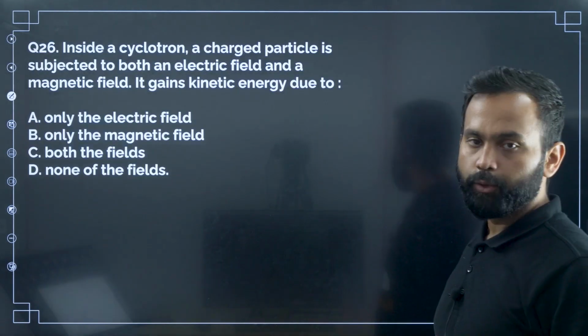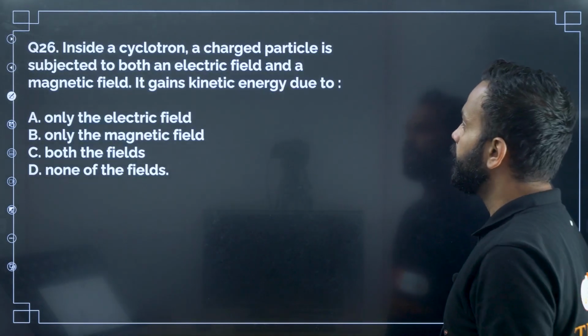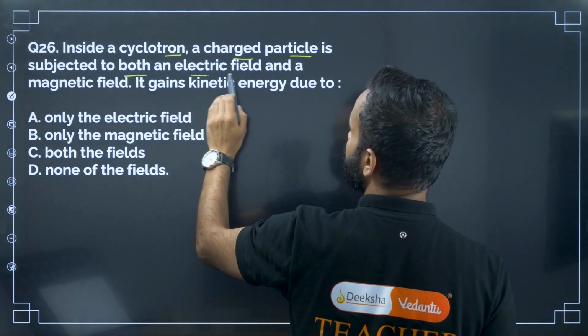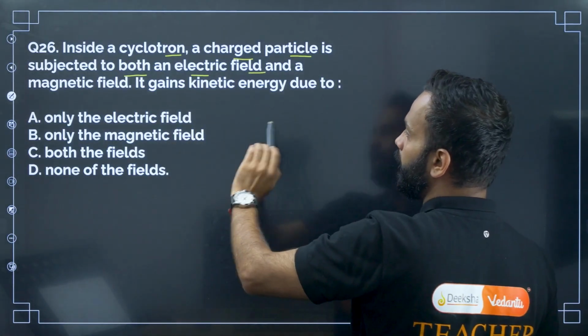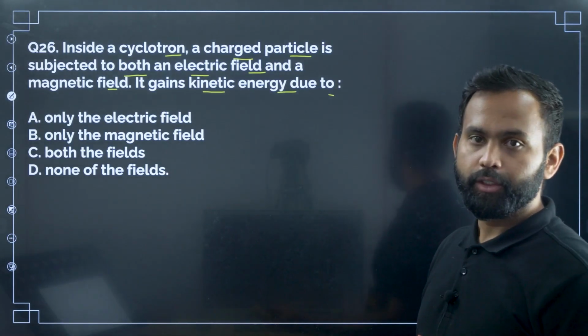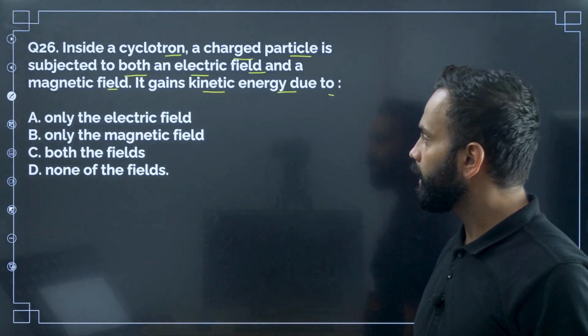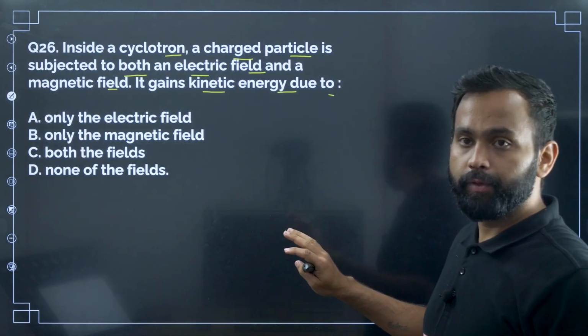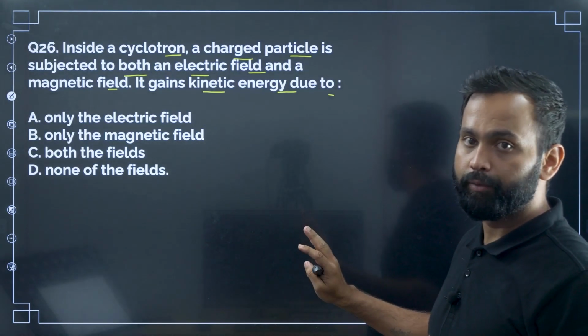Next question, question number 26. Inside a cyclotron, a charged particle is subjected to both an electric field and a magnetic field. It gains kinetic energy due to the electric field, not due to the magnetic field.